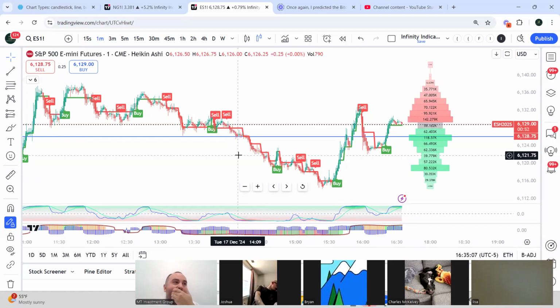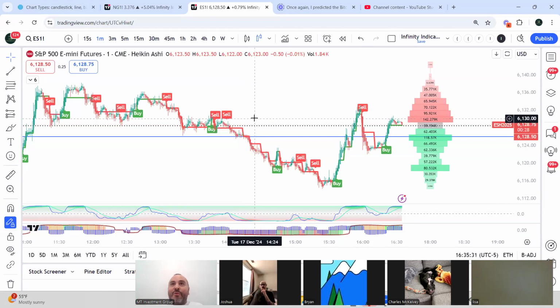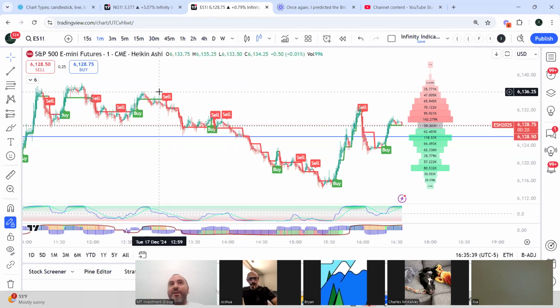So if we get a buy signal on the infinity indicator, let's say at noon, for a swing trade, and the market skyrockets, we're not going to be able to sell that option until the next day at 9:30 when the market opens. And by then, the move could have happened.